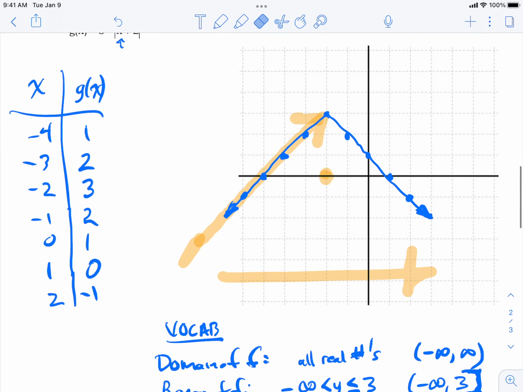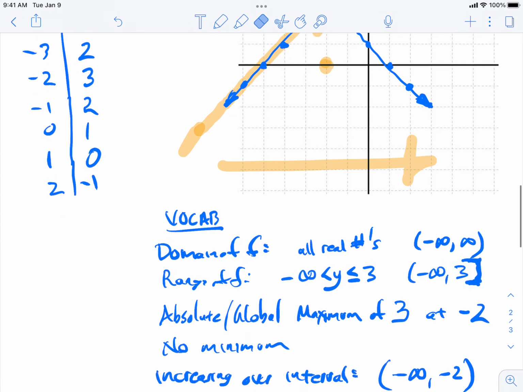And again, you always use round parentheses when you're talking about intervals of increase, decrease. Because as I was saying before, when you're sitting at a certain point, you're not increasing or decreasing, you're sitting there. The notion of increasing and decreasing involves looking on both sides. And over here, you're going the other way all of a sudden, right? So you would not say you were increasing at -2. In fact, you're sitting, you're at the peak, you're the maximum, right?